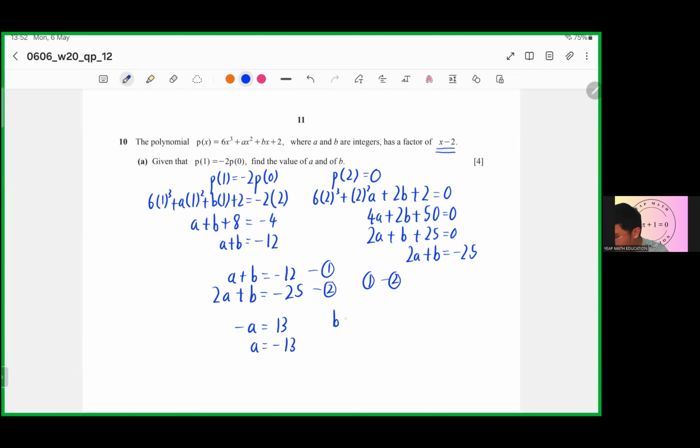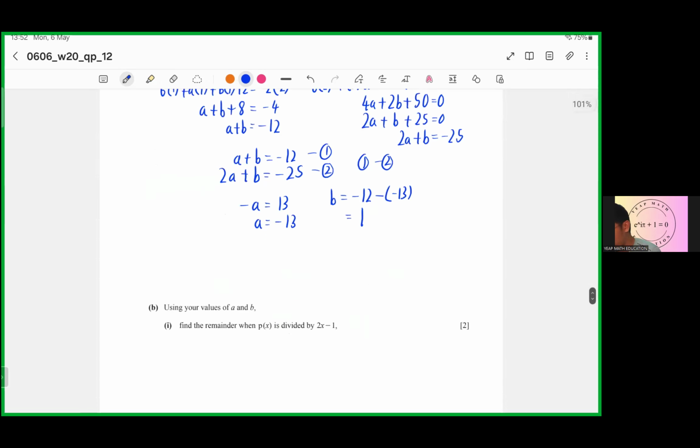Now we go to b: negative 12 minus negative 13. So what's the value? We get 1. Okay, so we just finished this part.